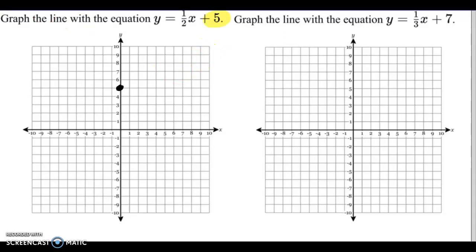So we're going to begin with the y-intercept, which is 5. So it's positive 5, so I start at 0, 5. And then I'm going to move the slope, which is 1 over 2. So I go up 1 because it's positive. It goes to the right 2. And then finally I'm going to connect the dots like so.